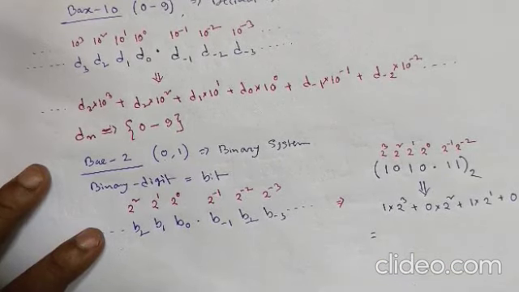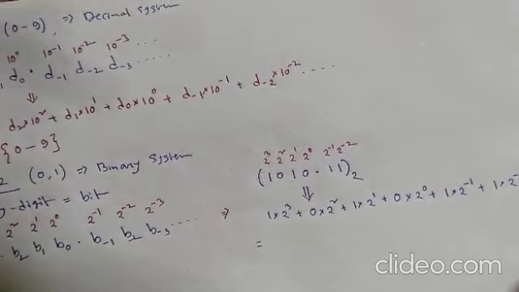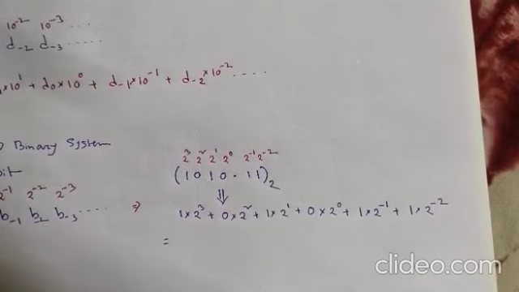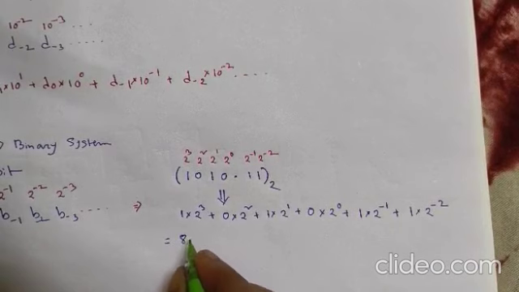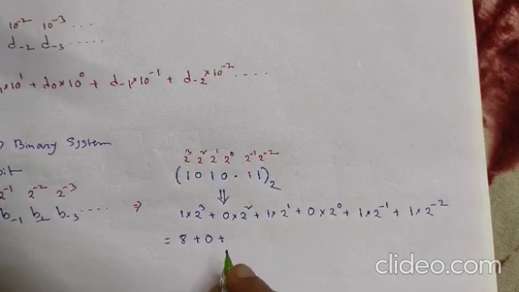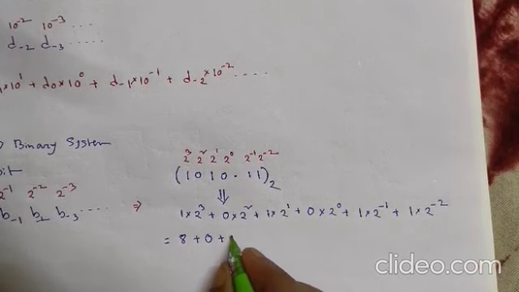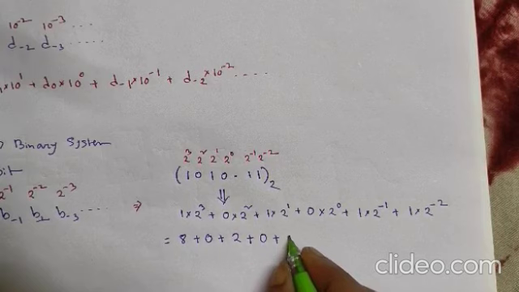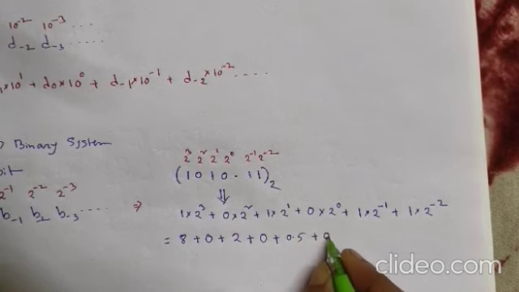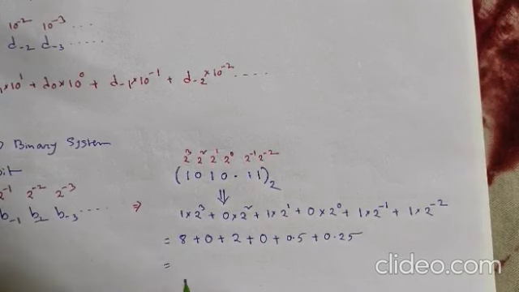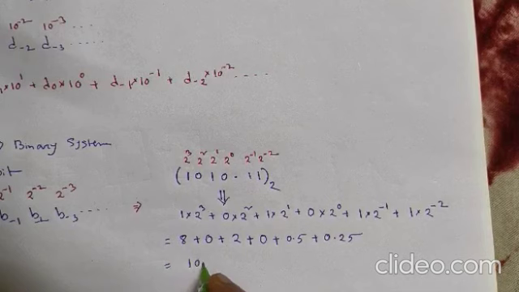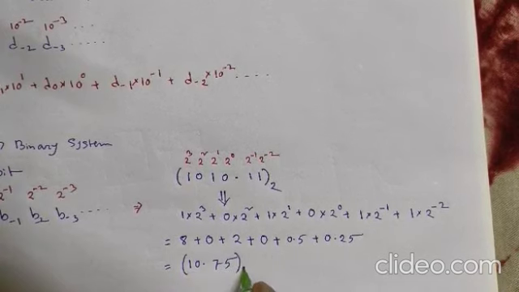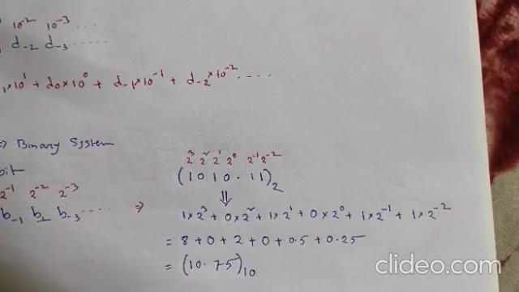That will give you 8 plus 0 plus 2 plus 0 plus 0.5 plus 0.25. If we add it, it becomes 10.75. So this is the decimal equivalent of this binary number.